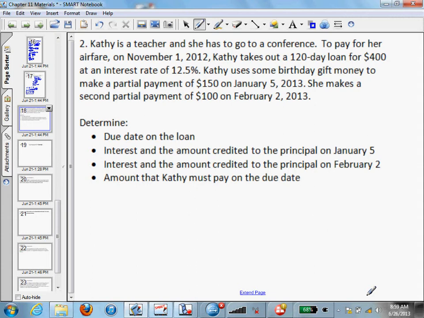Since the due date will extend into the next year, you subtract 365 from 425 to get 60. And if you look at the table, you see that the 60th day of the year is March 1st. Therefore, the loan is due March 1st, 2013. So for this first part, we had to use the chart to see that it's going to be due March 1st.